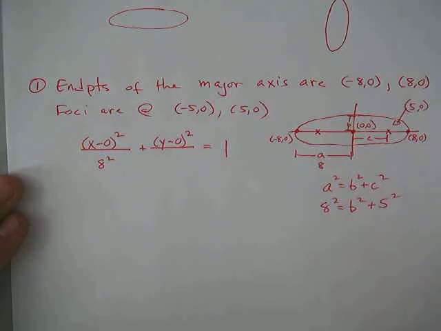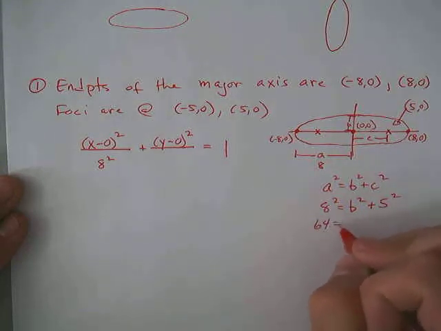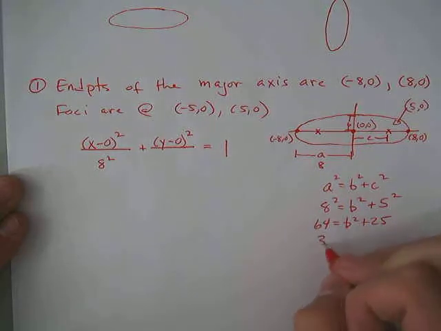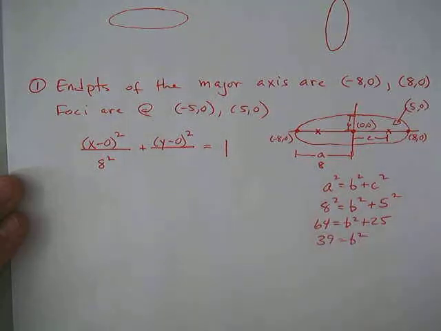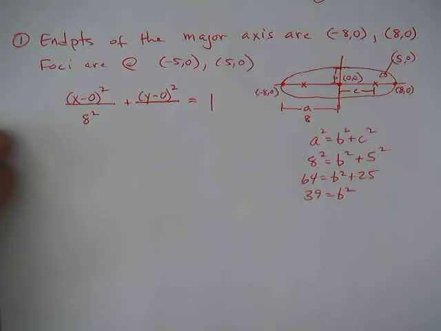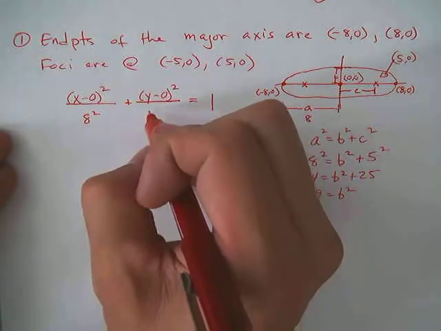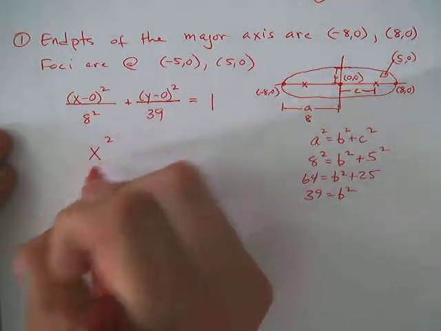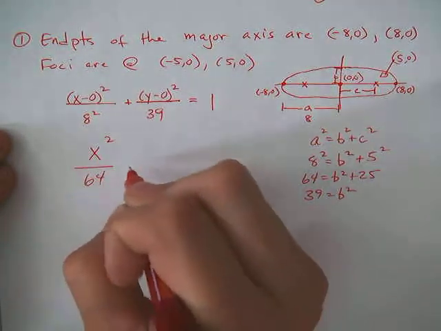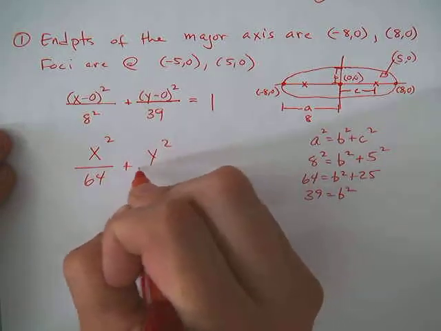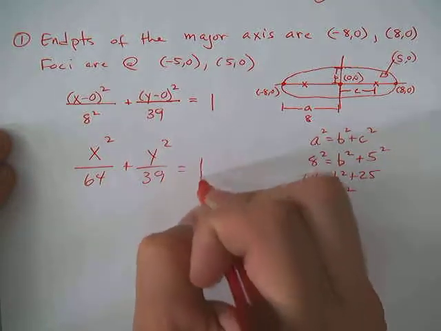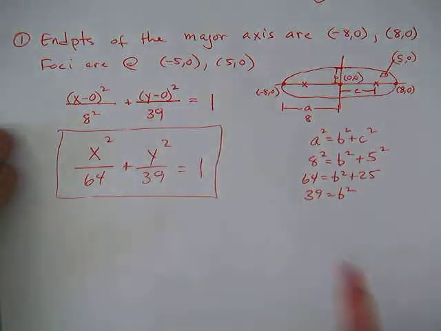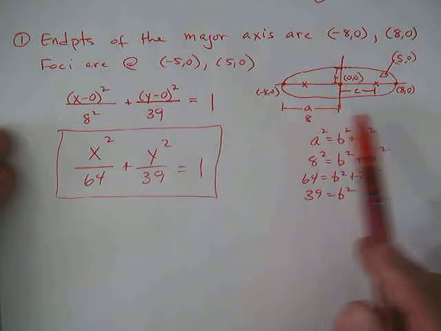Well, if this focal point is at 5, 0, that means my c is 5. So solve. 64 equals b squared plus 25, and 39 equals b squared. And that's actually what we want, remember. This is going to be b squared down here, so I'm just going to put 39. So if I simplify, I get x squared over 64 plus y squared over 39 equals 1. And there you go.